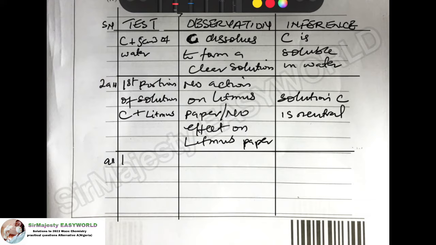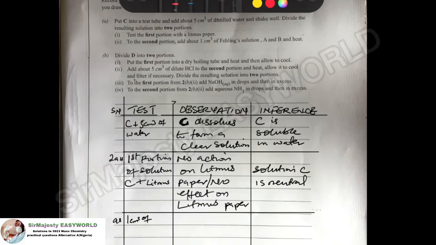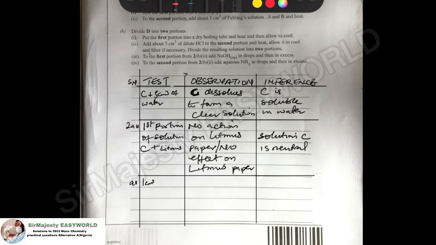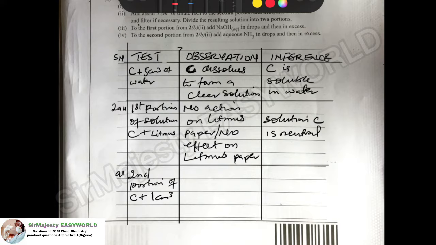So you now write second portion of solution C plus 1 cm cube of Fehling solutions A and B, specify as it is in the question. We'll turn to the next page to complete this. So let me turn to the next page.